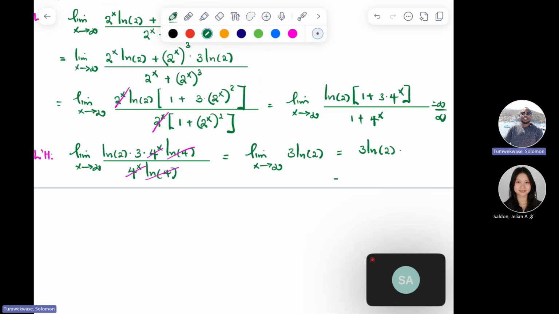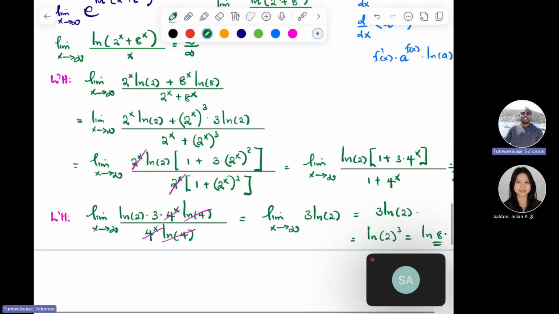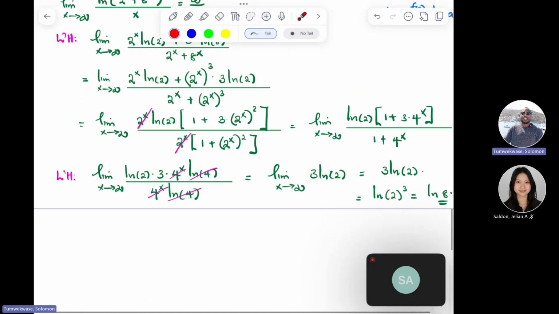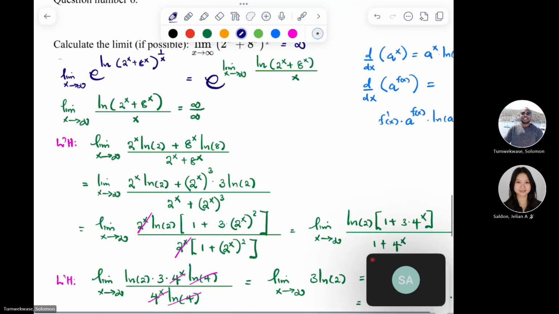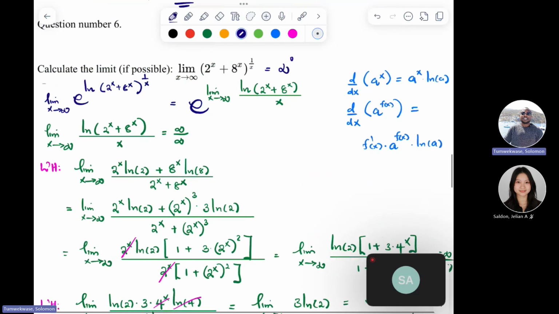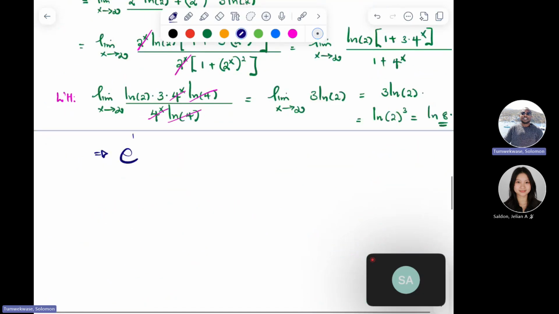Once again, from rules of logarithms, I can write as natural log of 2 cubed, and this is the same as natural log of 8. Remember that answer is for this guy that we wrote in green, and therefore our limit is actually the same as e to the power of that guy in green, which is natural log of 8.